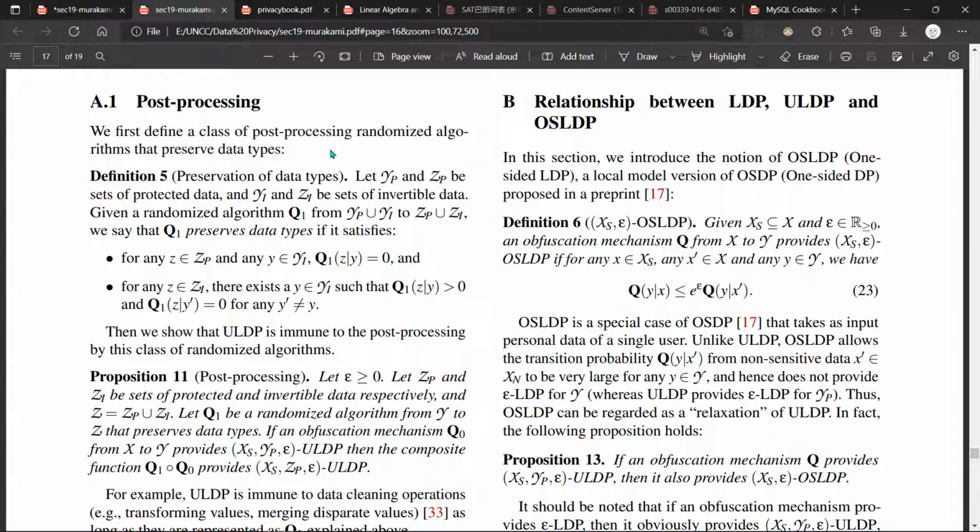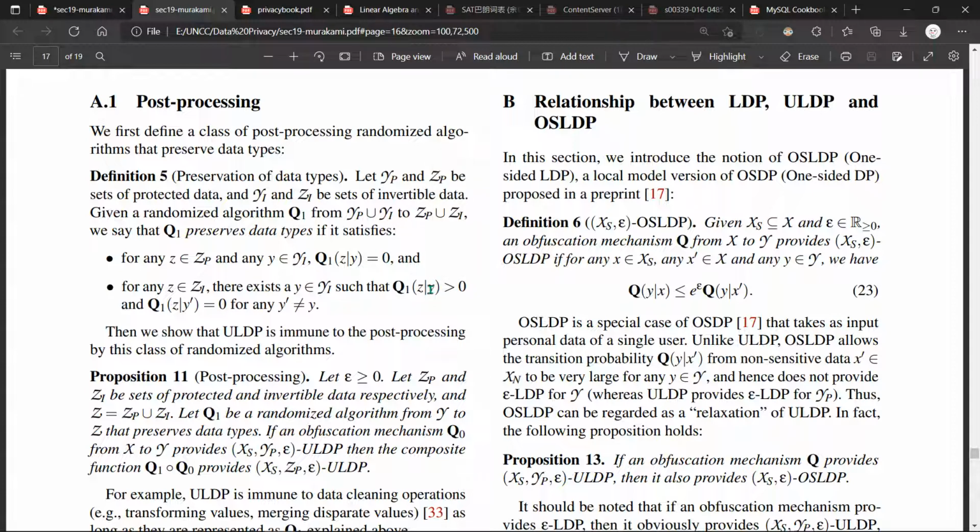And then for any z in invertible, there exists a y such that this is larger than 0. So note that the first z here is invertible, and this y is also invertible. Which means they are not protected. Then you can use the algorithm to get the z from y.